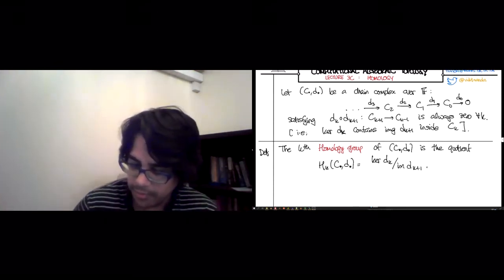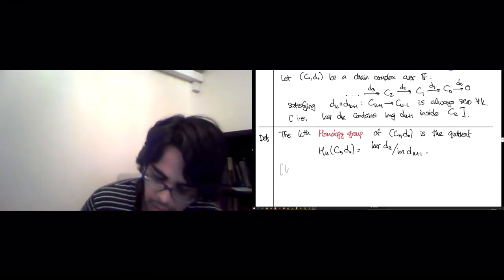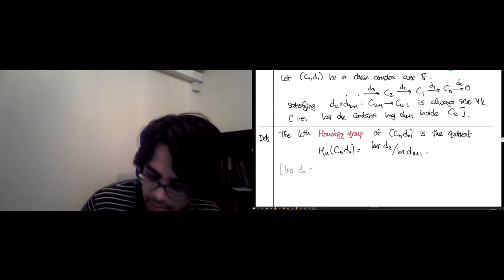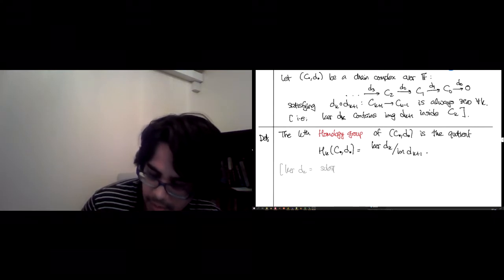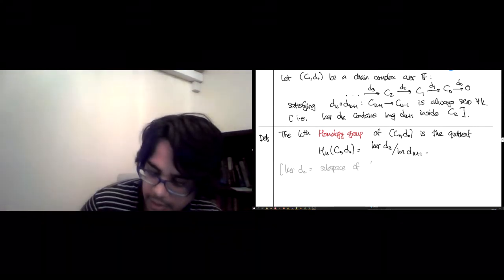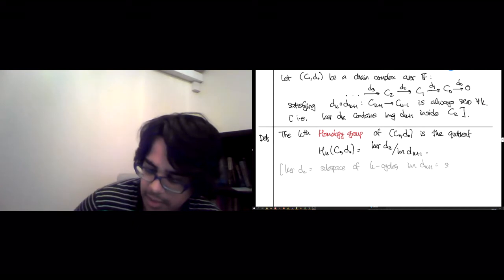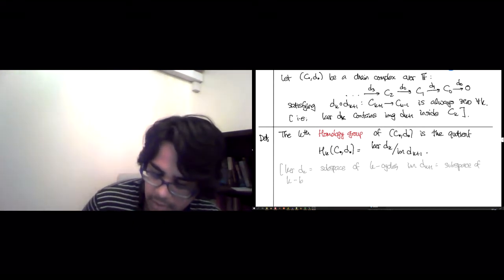Just as a sort of side note, kernel dk is called the subspace, this vector space of k cycles, and image of dk plus 1 is called the subspace of k boundaries.